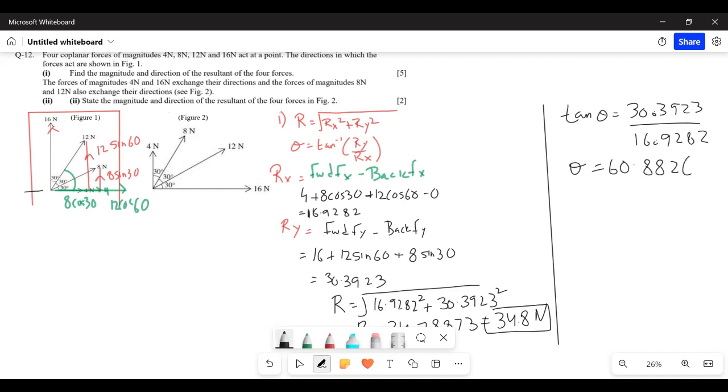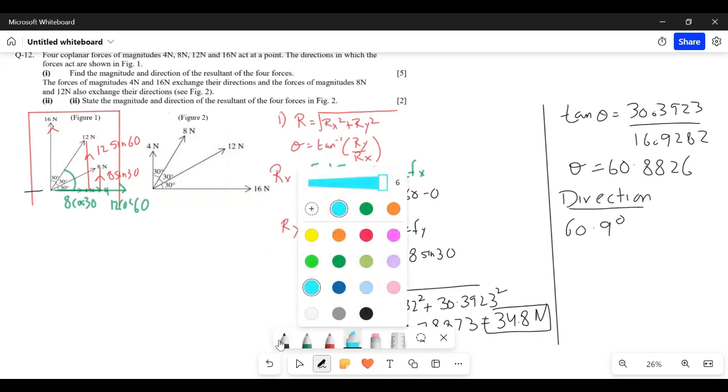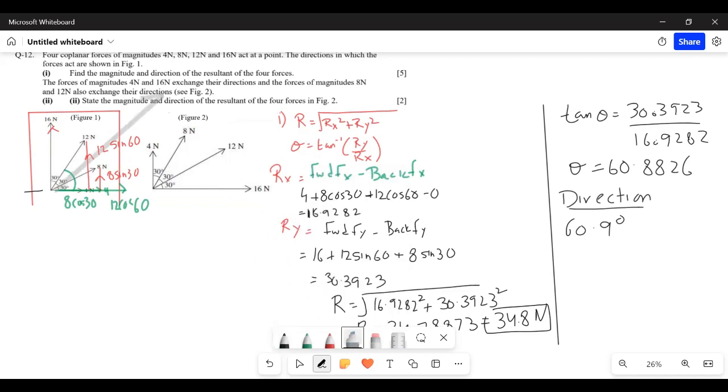60.8826. So direction would be, it asks for the magnitude and direction. So direction would be 60.9 degrees. Like we discussed again, resultant is in this direction and theta is here.